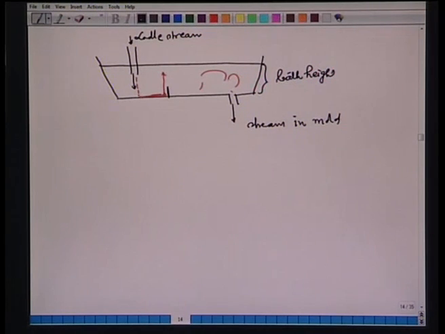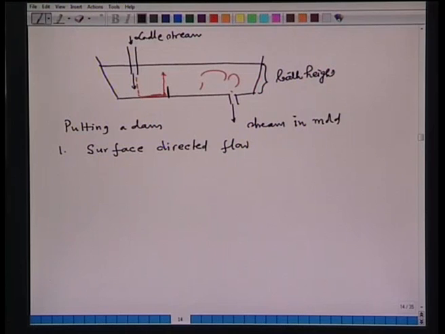So, by putting a dam, what could we arrive at? First, we could arrive at a surface directed flow.